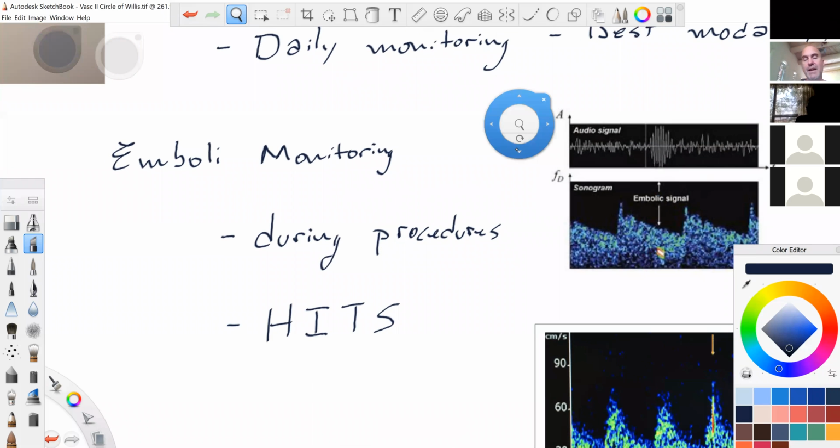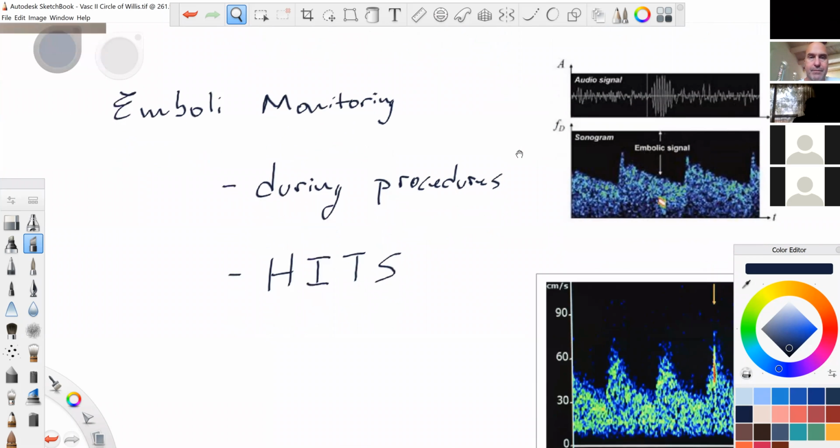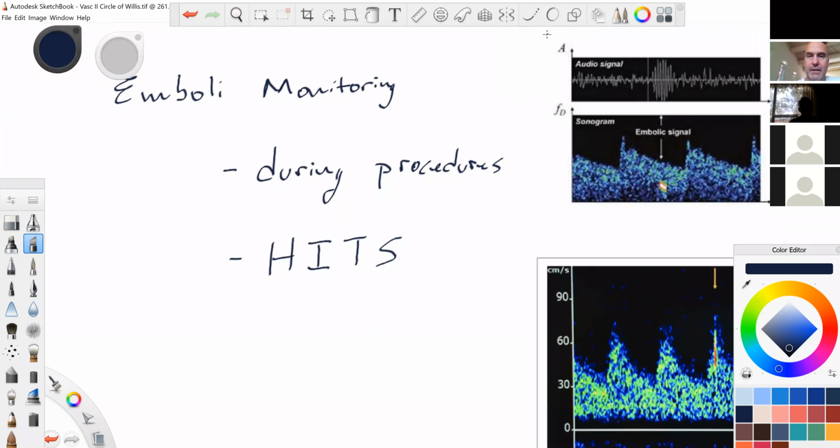Now, I mentioned the other day during the endarterectomies that we need to talk about HITS. And this isn't top 100 hits or top 20 on the radio. Does anyone listen to radio anymore? This is emboli monitoring, usually during a procedure.